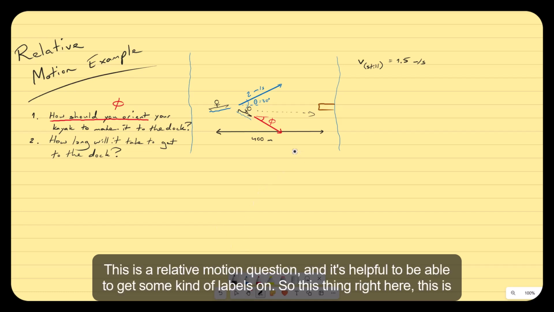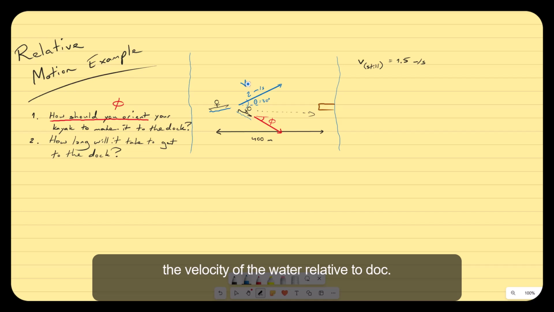This is a relative motion question, and it's helpful to be able to get some kind of labels on this. So this thing right here, this is the velocity of the water relative to the dock. And this one is the velocity of the kayak relative to the water.